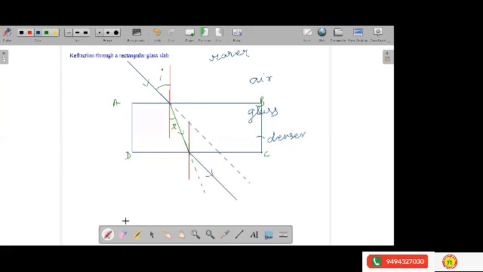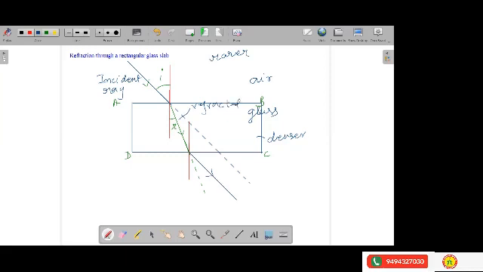So if I mark all the rays of light, this is the ray of light which is entering. We call this the incident ray. This one is our refracted ray inside the glass slab.